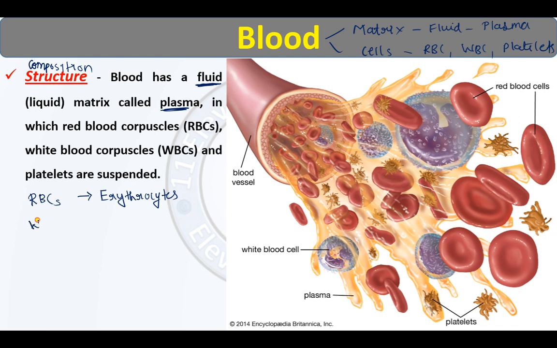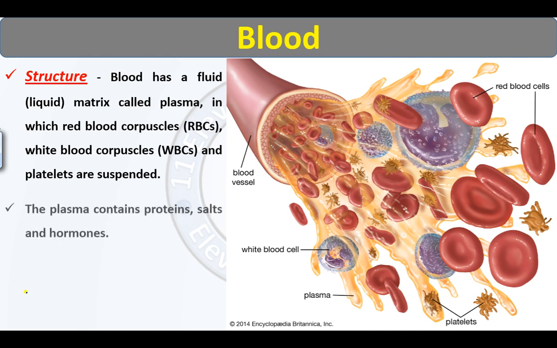White blood cells are also known as leukocytes. And the platelets are also known as thrombocytes. So these are the other names for these three types of cells. If possible, try to remember them for general knowledge. It is not compulsory as per the textbook.